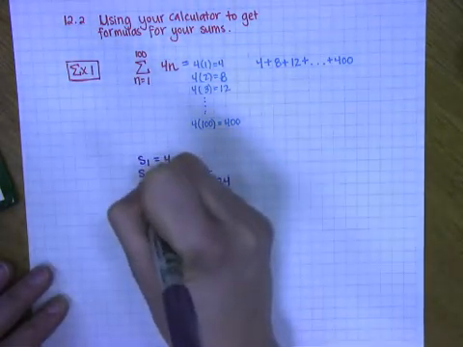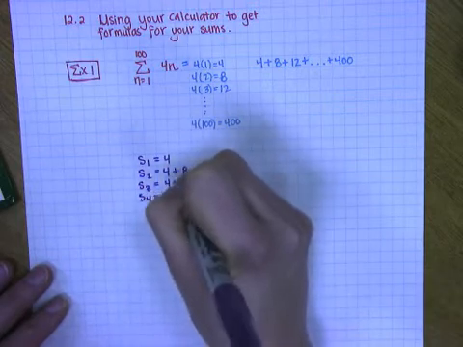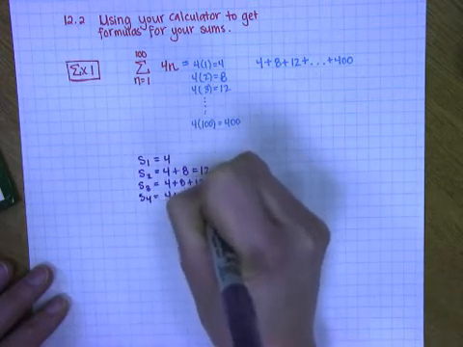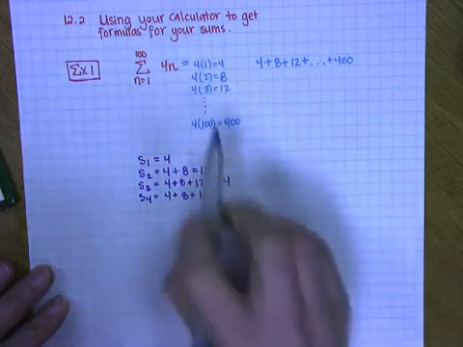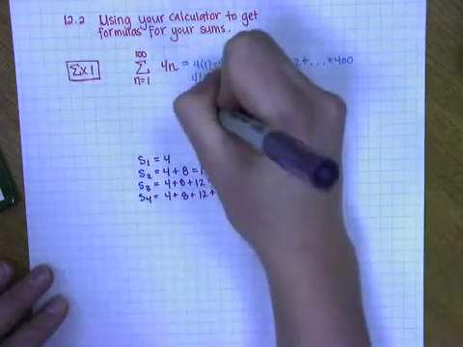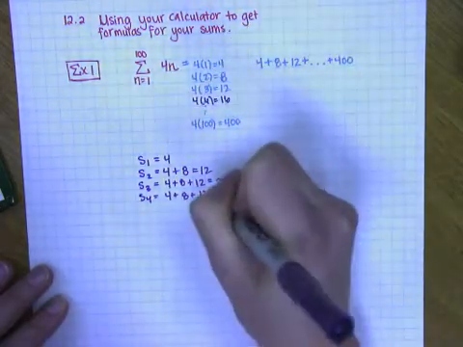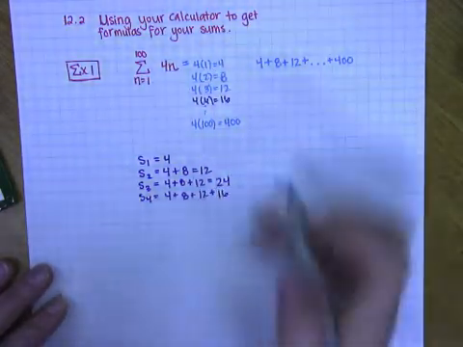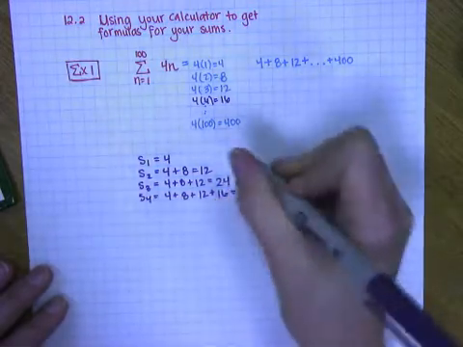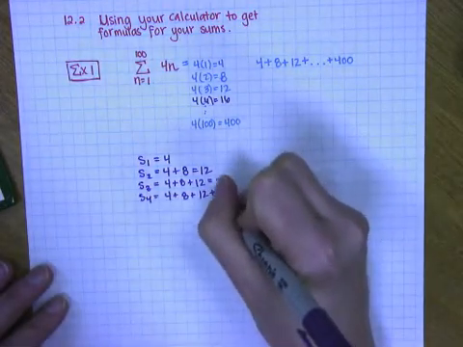And the fourth term would be 4 plus 8 plus 12 plus, the next 4 times 4 would be 16. So plus 16, I'm going up by 4 each time. And 24 plus 16 is 40.